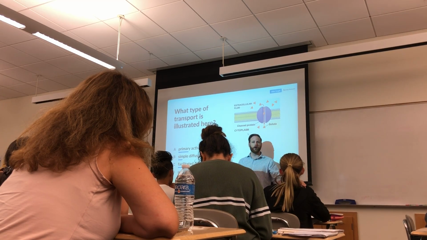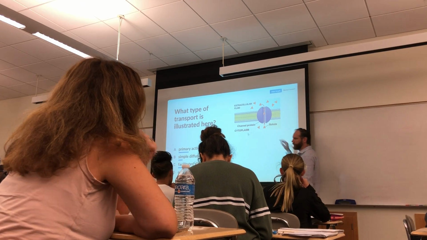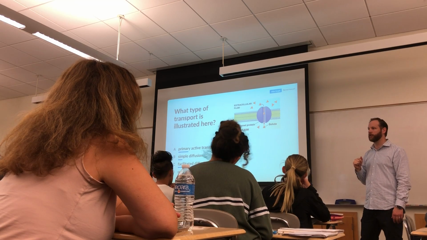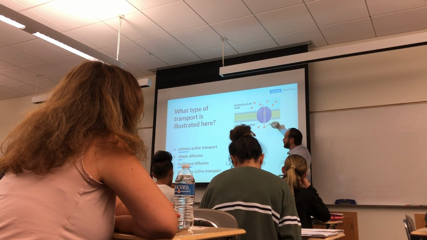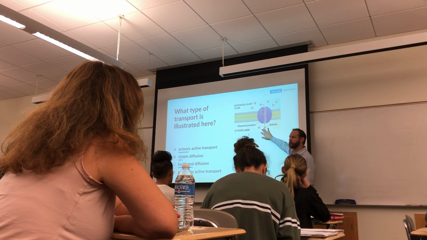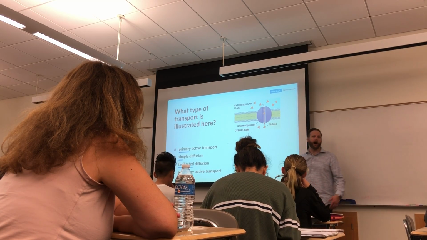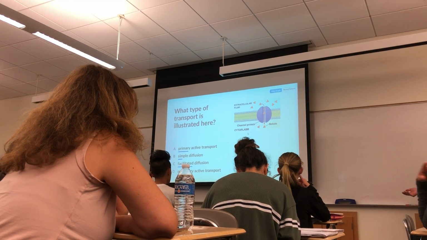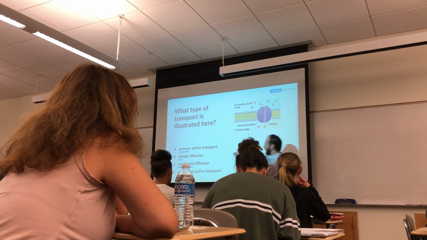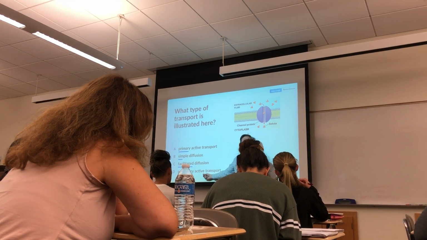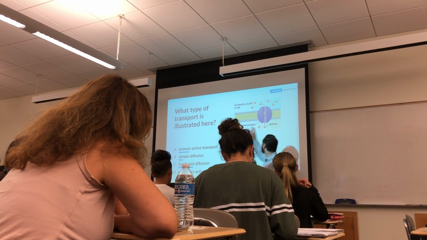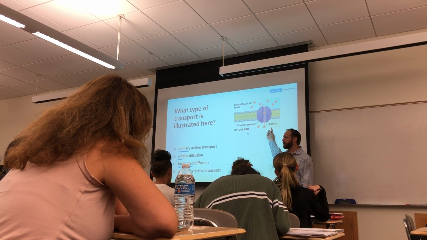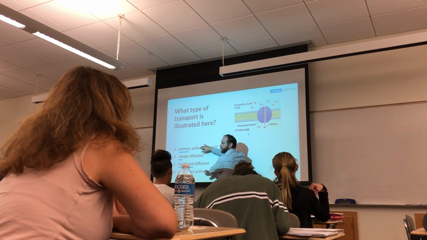But even if you didn't know that, how else would you know this shouldn't require an input of energy? Because it's going from a region of high concentration to a region of low concentration, right? So that's not something that's going to require any energy. So just based on that, I might not know what secondary active transport is yet, but I know it requires energy, and this doesn't look like it has to use any energy, so I can eliminate both of those.